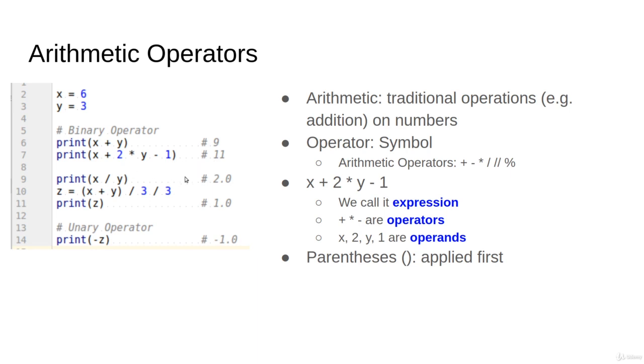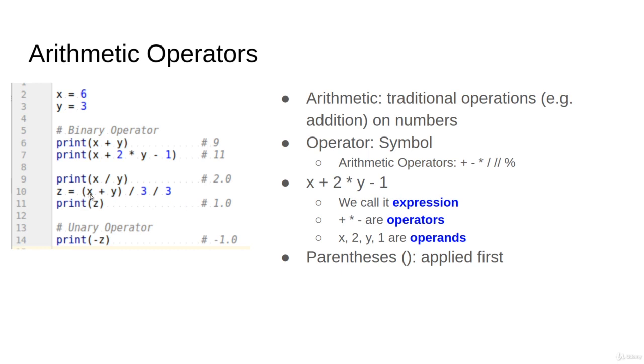So we can normally trace this kind of equation, and there is something here, the parentheses. The parentheses force an order. If I say something like (x plus y) over 3, and x and y are 3 and 6, then this would be 9, then 9 over 3 would be 3.